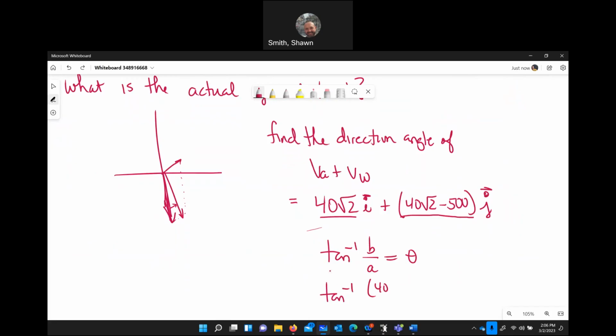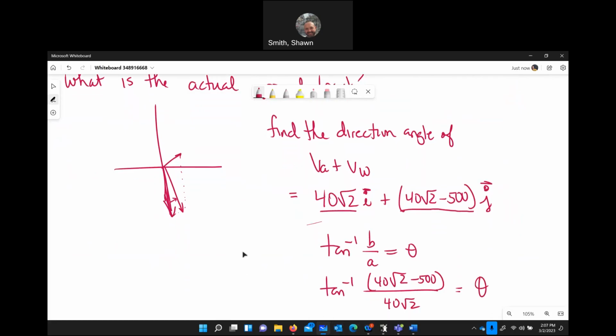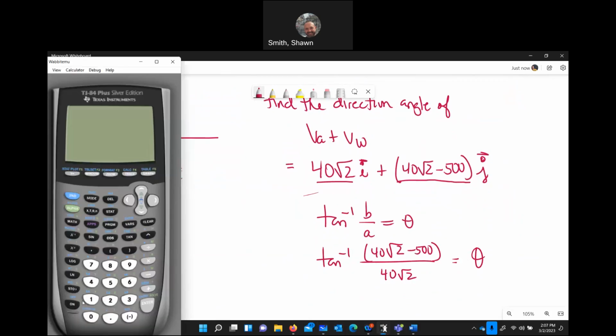That is 40 square root of 2 minus 500, the numerator, divided by the denominator of 40 square root of 2, which would equal our angle, I'll call it theta. So inverse tangent, parentheses, 40 square root of 2 minus 500, divided by 40 square root of 2.